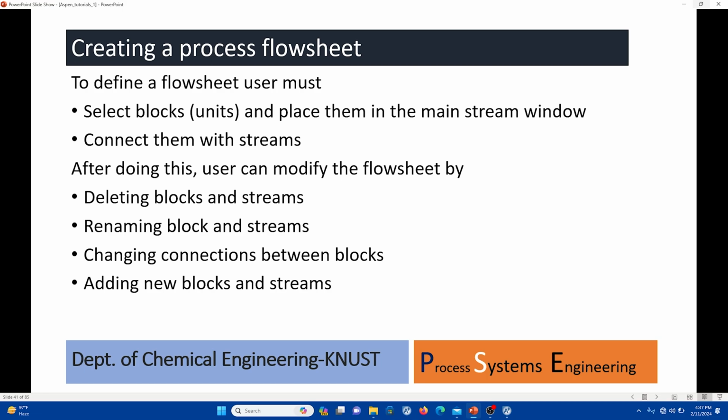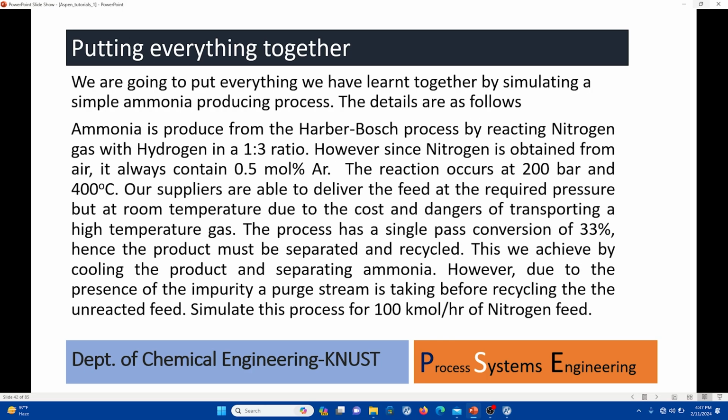So to define a flow sheet, you need the blocks, you need the streams. Then you can also modify this, right? You can name blocks and streams, you can change connections, you can add new pathways and so on.